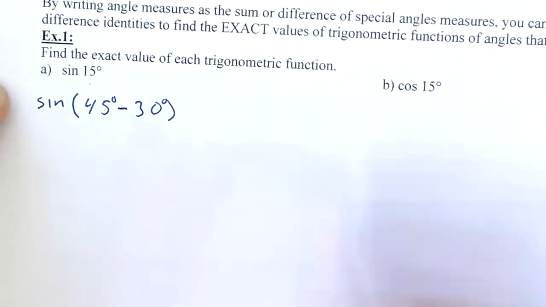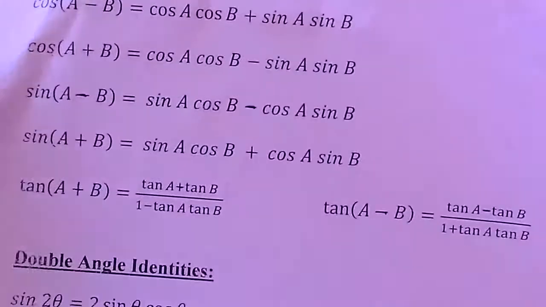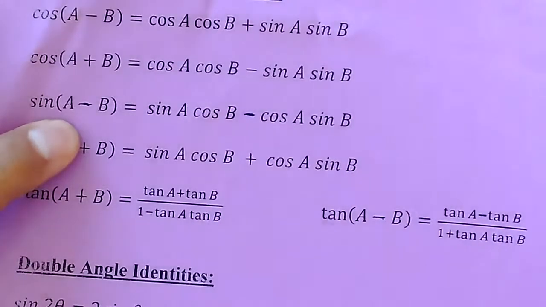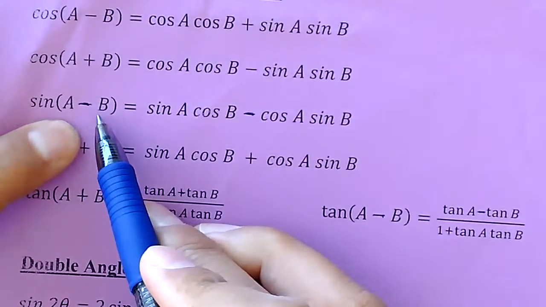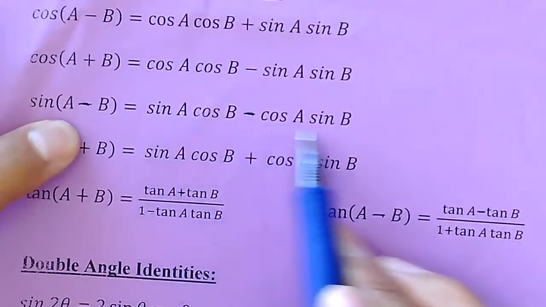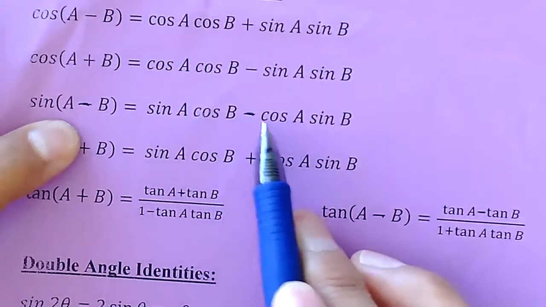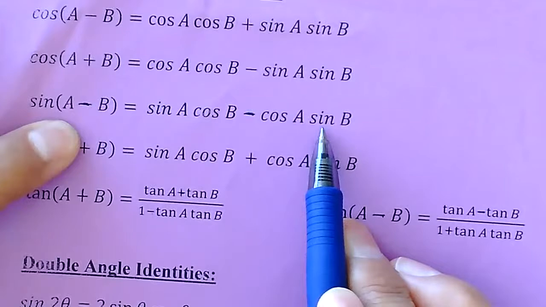So the sine of 45 minus 30, I'm going to look at my formula. Sine of A minus B. So I'm going to use this formula right here, sine, cosine minus cosine, sine.